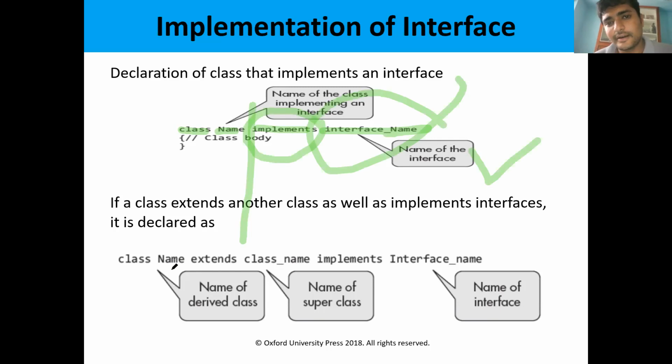Or we can have this also: class name extends class name implements interface name. So here we are creating a class which extends the properties from another class, and also implements the interfaces. We can use extends and implements at a time, the inheritance concept as well as the interface concept.